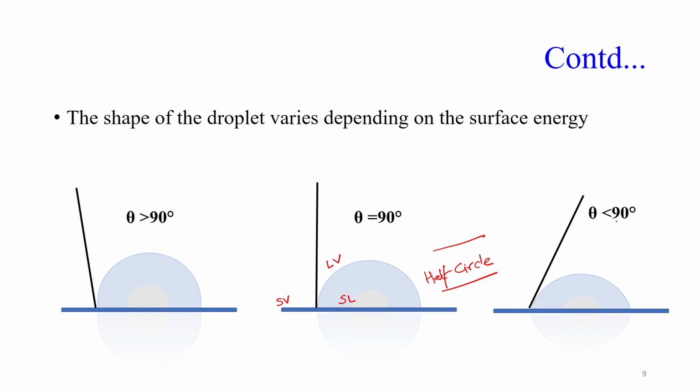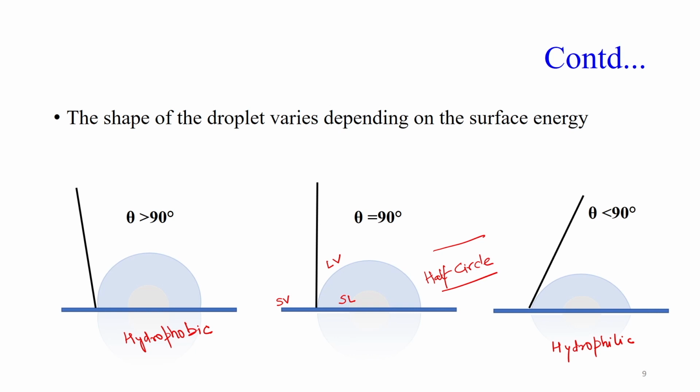So, this surface we call hydrophilic, and this one, contact angle more than 90, we call hydrophobic. So, we see now although there will be formation of a drop shape, this shape will depend on the individual value of the interfacial tensions.